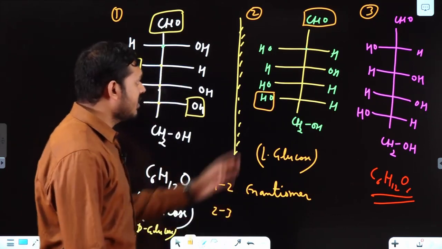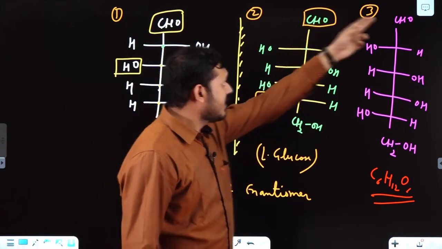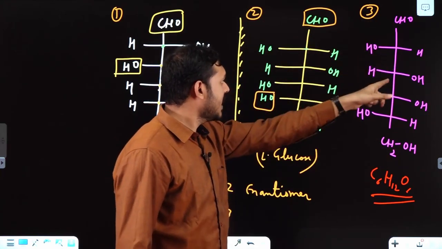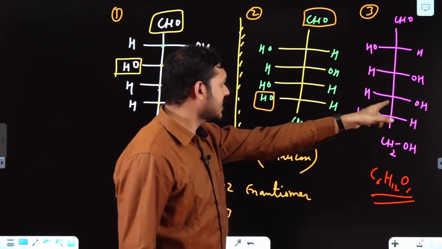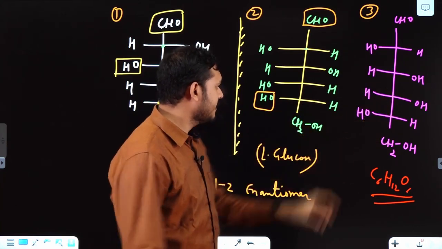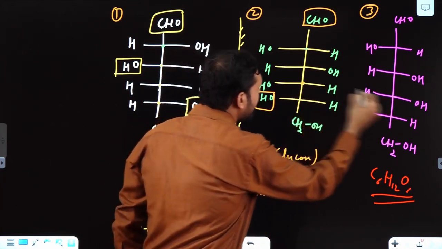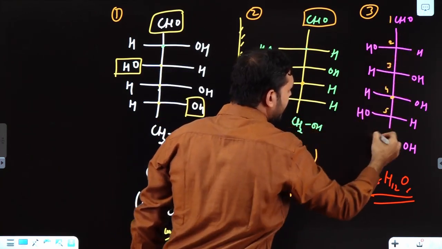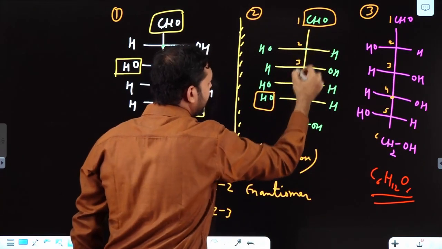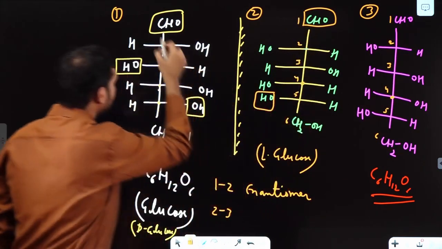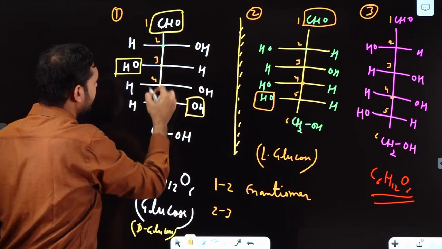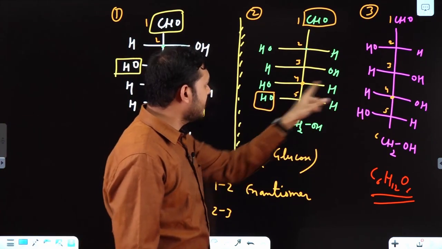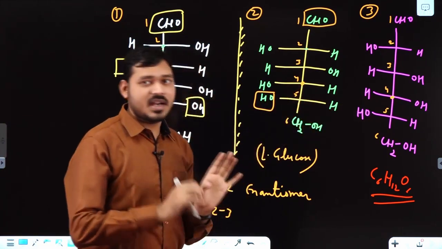Now let's check 2 and 3. Same functional group, bottom same, OH. At C2 it is same, at C3 it is same, at C4 it is different, C5 same. If I number 1, 2, 3, 4, 5, 6 on this one and on this one, then in 2 and 3 across C4 it has a different configuration and the rest are all same.